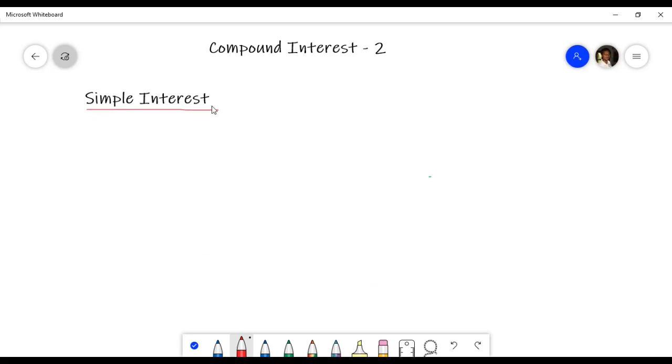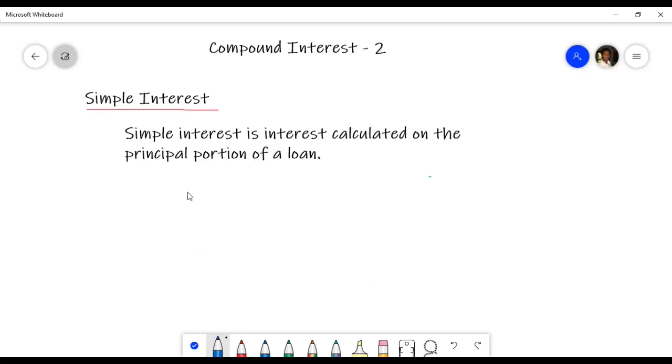How can we understand simple interest in a simple way? Now, simple interest is the interest that is calculated on only the principal portion of the loan. Only the principal portion, the actual principal of the loan.